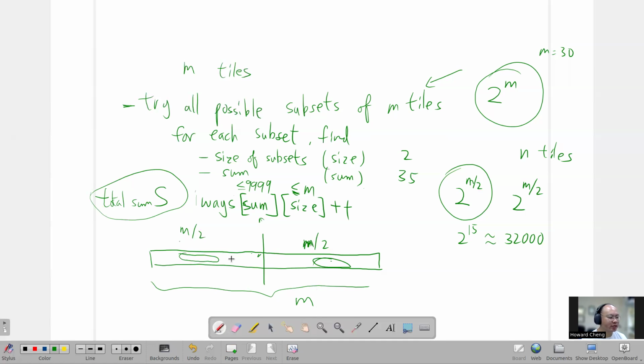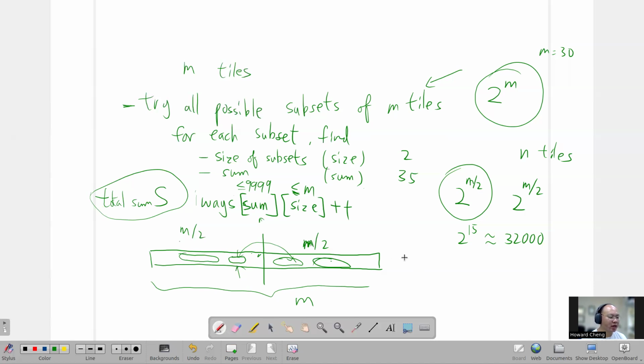But there will be subsets which require some things from here and some things from here. So how do I know how many of these types there are? Well, first of all, how big is the thing from the left? I don't know.